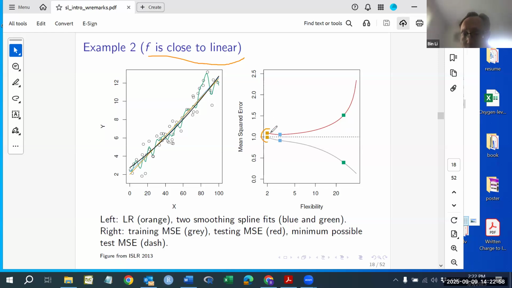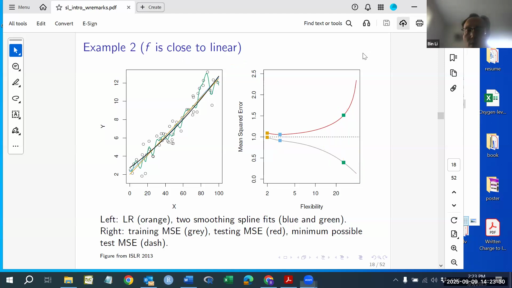The orange one is the linear model. The blue one is a nonlinear model, but it's very close to linear. And this one is very flexible. So you can see the green model overfits the data points. That's why the test error has a much worse performance than the training.